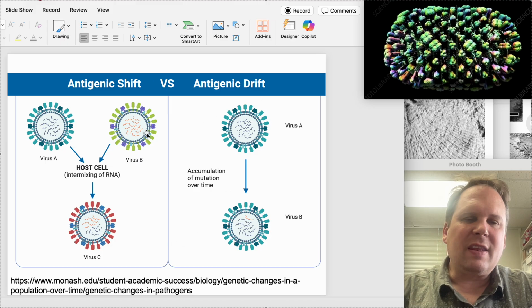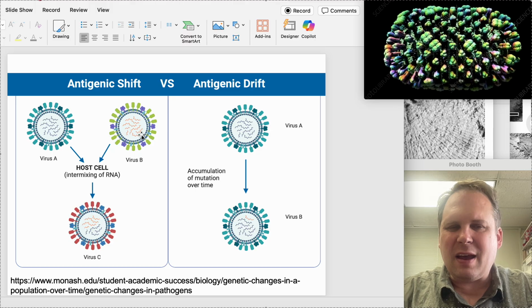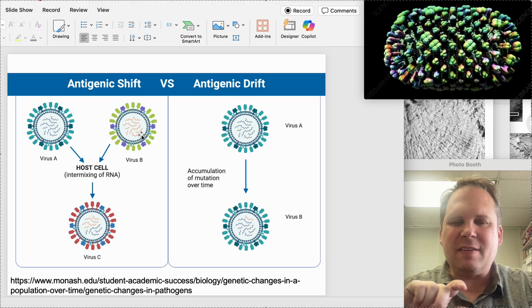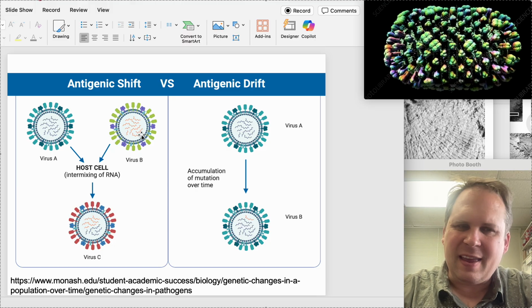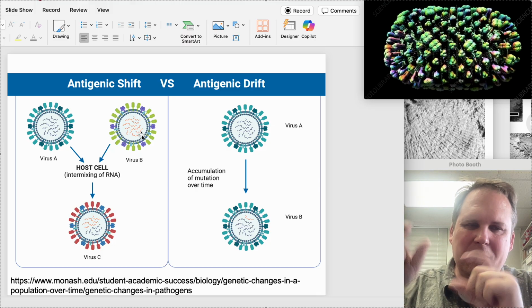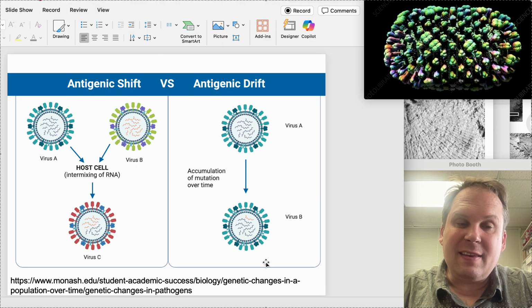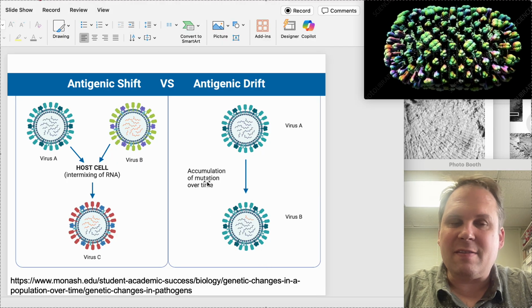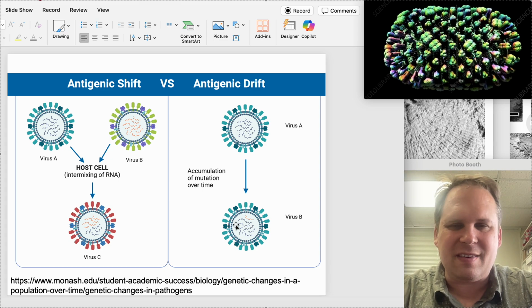So that's antigenic shift. That is like a one-for-one swap. It's almost like a recombination, but recombination involves copying one strand, switching to another strand, and incorporating genes that way. This is just swapping segments, basically. Antigenic drift, on the other hand, is the process of gradual mutation that accumulates through time and is selected by natural selection.